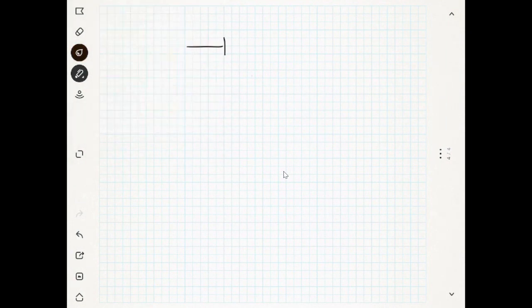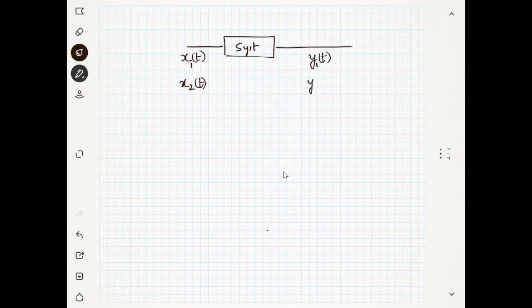Suppose you have a system, and you give an input x of t and you get an output y of t. Suppose you give an input x1 of t and you get an output y1 of t, and you give another input x2 of t, and you get another output y2 of t. This input can be AC or DC.